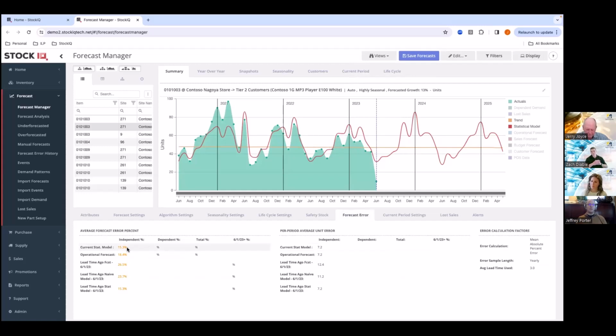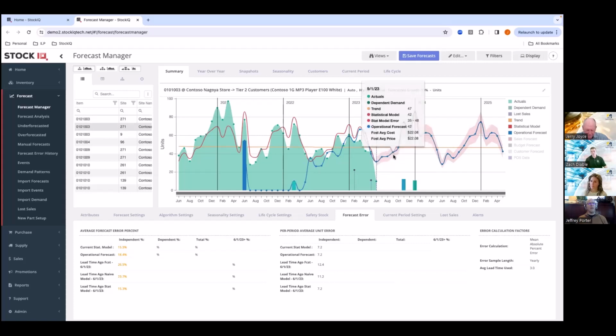But this information can help inform us when we begin looking at a particular SKU. Let me share with you what I'm talking about. When I come back over to this individual SKU, you will note on this chart that there's a band in pink that's highlighted above and below the overall forecast that we've established.